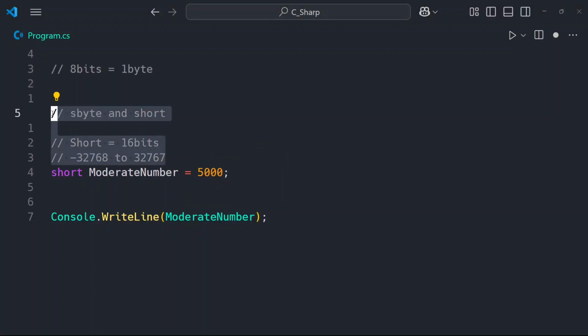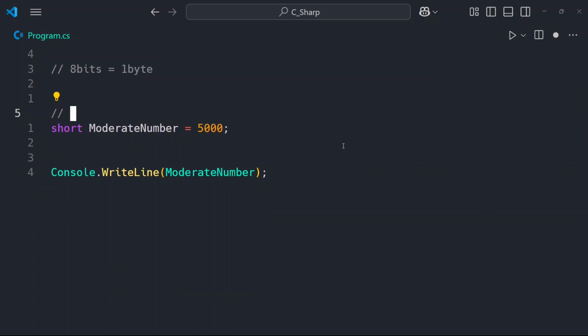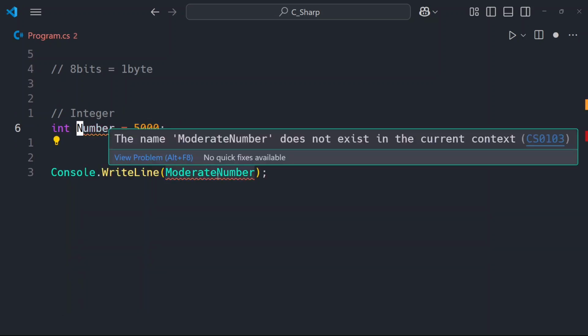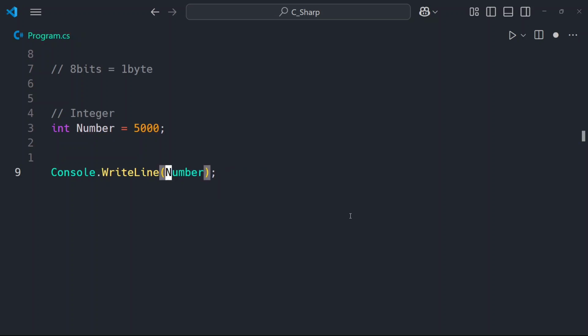Integers. int, which stands for integer, is the most widely used type when users are working on an application. It is the default choice for integers. Both sbyte and short are integers, but when you say int over here, this is the default type.